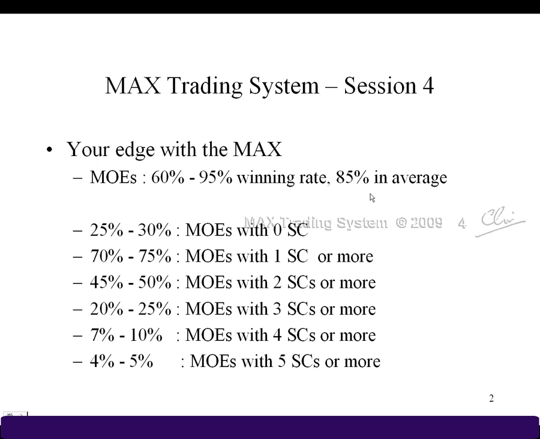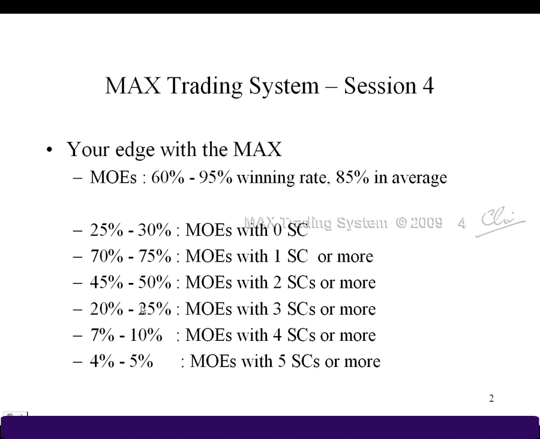Now, if you go further in this study, and I encourage you to do that, you will see that among all the modes which are successful trades, you will have between 25 and 30% of them with no scaling. This means that you have 70 to 75% of them with at least one scaling, one scaling or more.